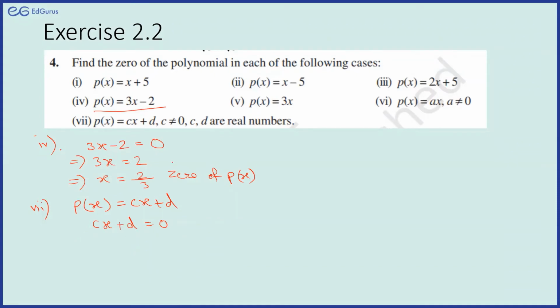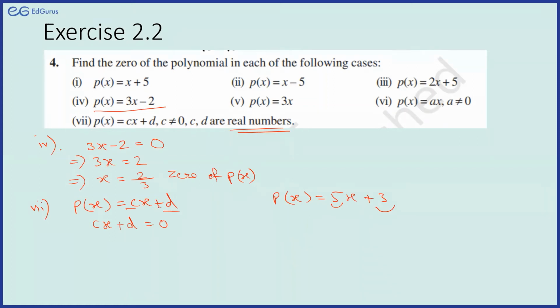Now c and d are real numbers. So they could have written here something like p of x is equal to 5x plus 3, right? But instead of using any specific number, they have used letters. So don't get confused by these letters. These are not variables. These are some constants. C and D are some constant.